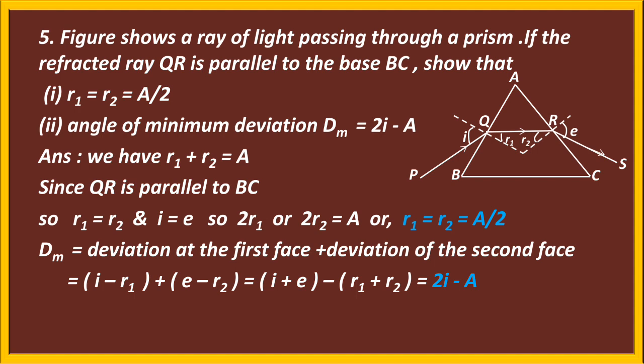Since I equal to E, so 2I minus R1 plus R2 is replaced by A. So DM becomes DM equal to 2I minus A. In this way the second part has been calculated. Angle of minimum deviation DM equal to 2I minus A.